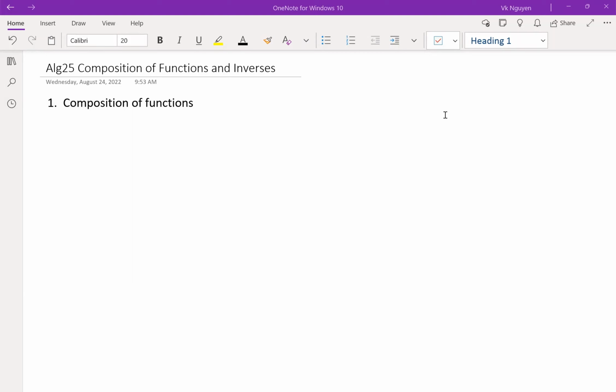Today we explore lesson 25 in algebra, composition of functions and inverses. Number 1, composition of functions. We can create new functions using addition, subtraction, multiplication, division. And we can also use the composition of functions.